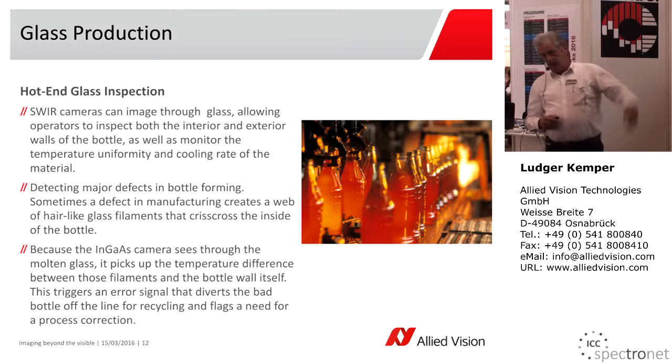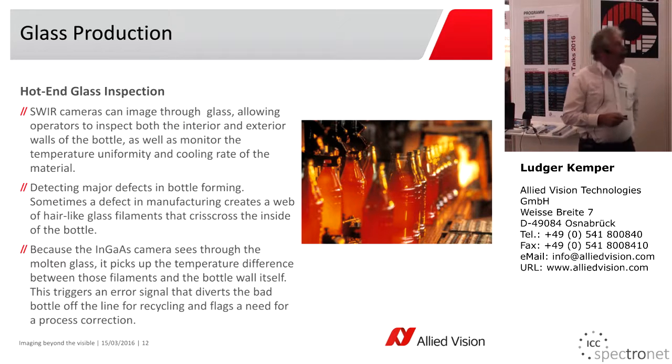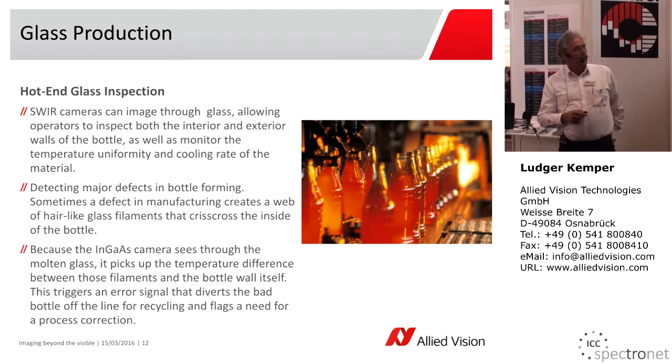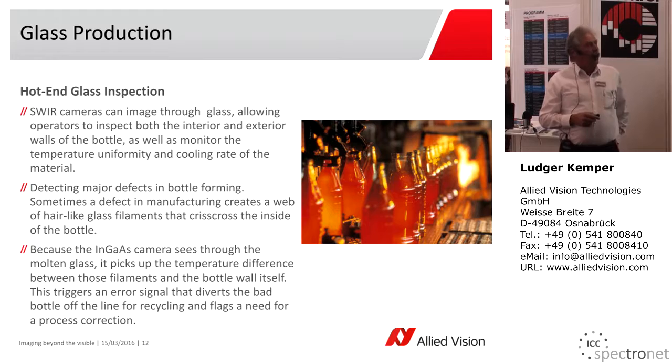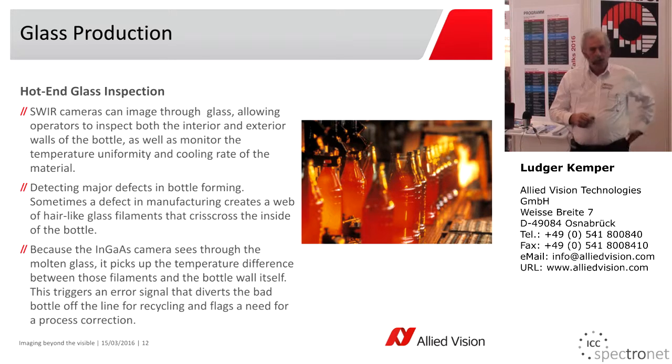So that was the semiconductor industry. Coming to glass production, SWIR is very useful for hot end glass inspection. When the bottles are coming out at high temperature out of the oven, you can't use visible to really detect some difference.